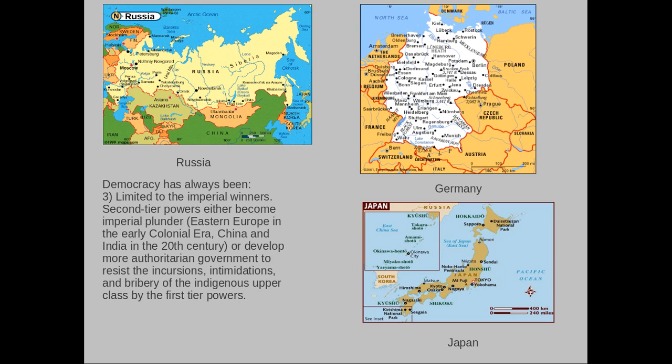The second-tier powers were in a situation where the first-tier powers were constantly trying to meddle in their politics, and the most effective way to dominate another country is to go in and basically buy off the existing oligarchy, to go to the existing political powers and try to get them to cooperate with colonial exploitation, basically. And the places where that was successful were China and India.